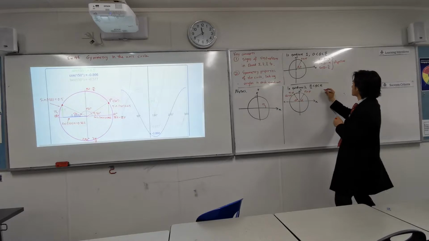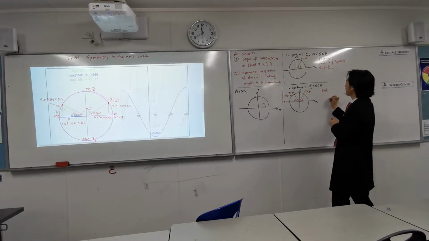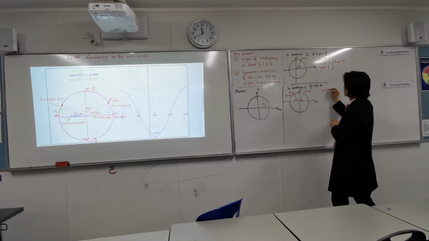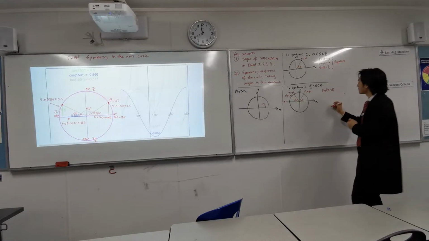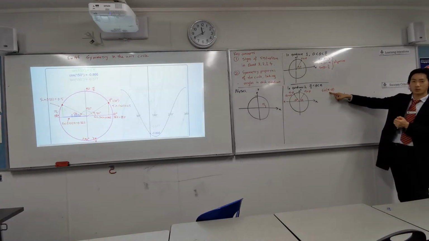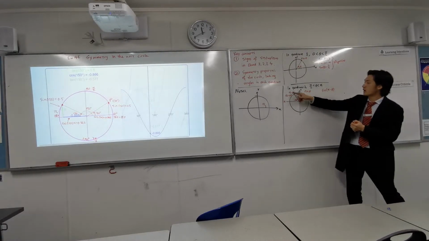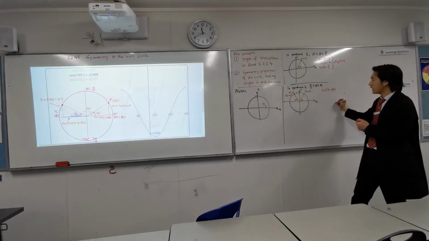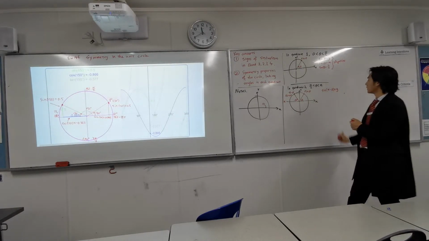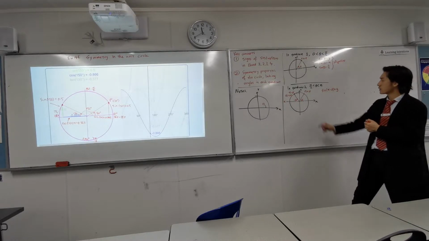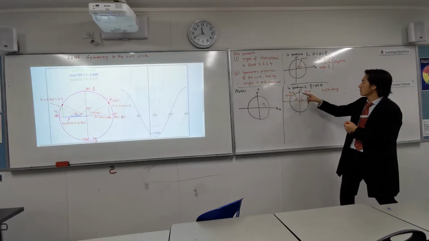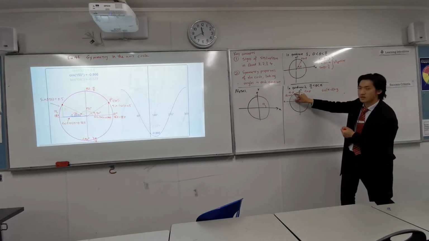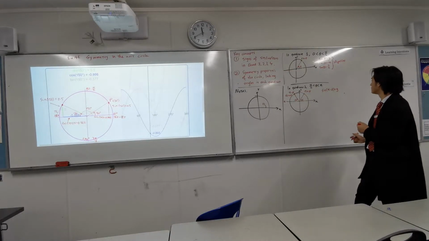So let's summarize this. In quadrant 2, sine of pi minus theta, implying that we're in quadrant 2 now, we're halfway across, then a bit of an angle back, would be equal to the coordinate y. Now, our coordinate y is the same as the coordinate y in quadrant 1. They're both facing in the same direction, which is upwards.